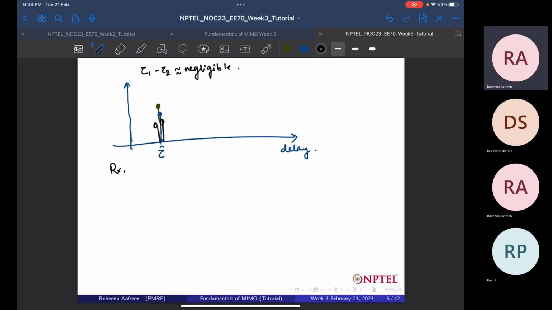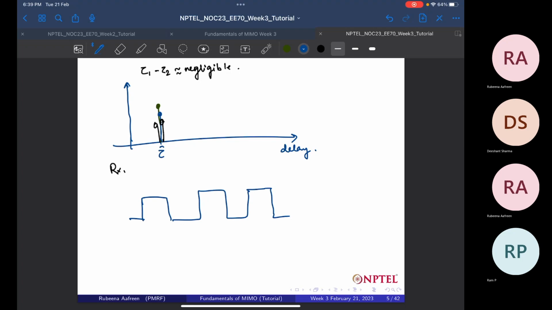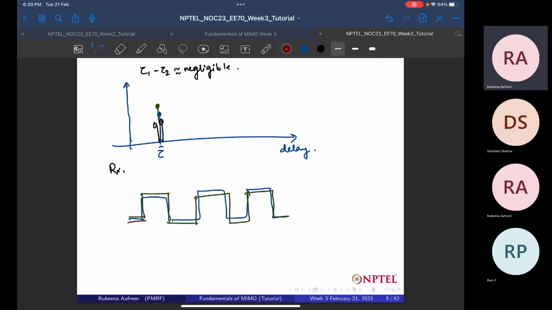Likewise at the receiver, suppose we have this as the transmitted signal, okay? Now delay is very minimal, only scaling is there. This can be easily decoded at the receiver.